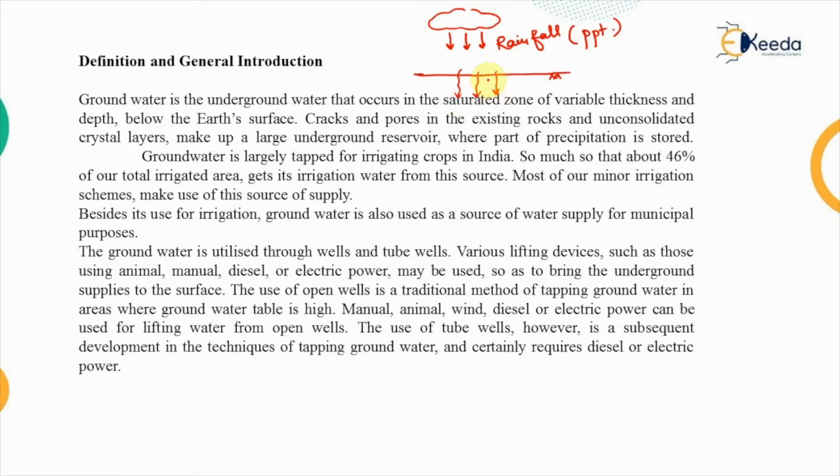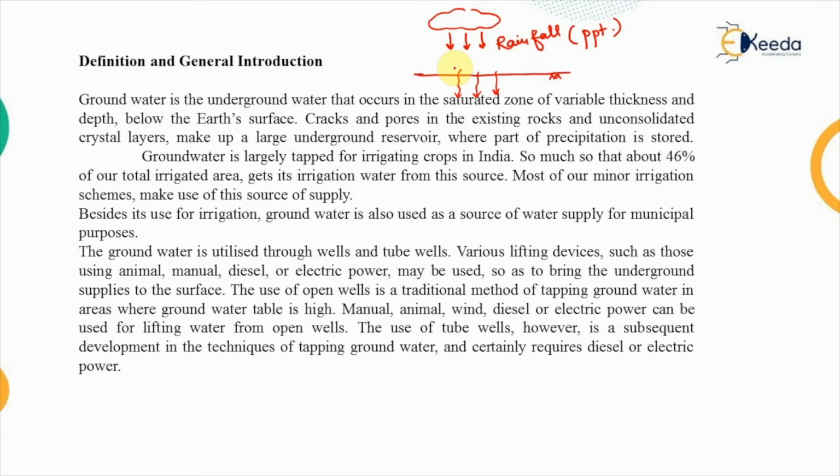Now if that water is available within the top crust of the earth's surface, that is known as the soil water, which is present in the topmost layer.